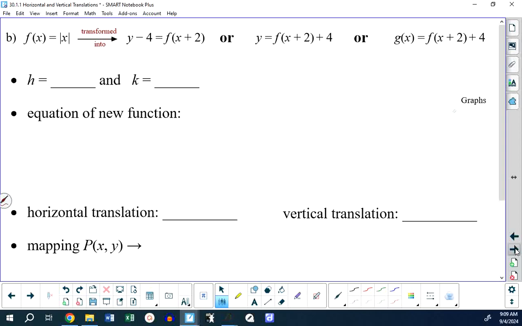But again, when we compare g of x equals f of x plus 2 plus 4, which is the question, to the template in red, you ask yourself, what number do you put in for k to make that happen? And the number you put in for k is 4. Correct? You're with me on that? Okay. So k is 4.